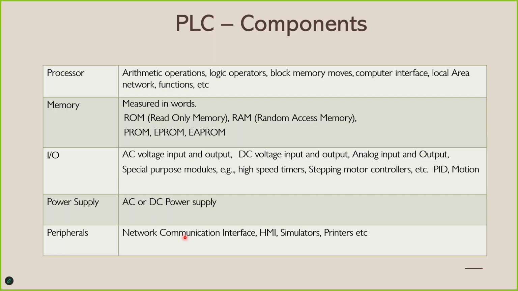For example, if we're able to go into industrial communication, we will be using the network communication interface to interact with the PLCs. The HMI itself, which stands for Human Machine Interface, where whatever processes the PLC is doing, you can already see on this interface, on the HMI. You have simulators, printers that you can connect with a standard PLC.